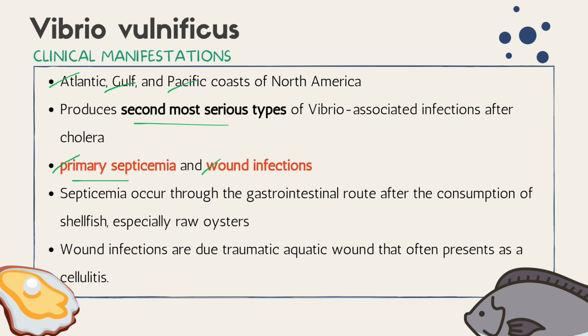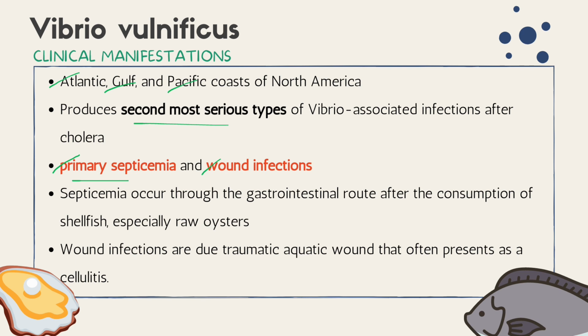For wound infection, patients infected with Vibrio vulnificus have wound infections that appear as cellulitis. Most of the time, the reason they get this wound infection is through a traumatic aquatic wound, which is exposure of a fresh wound to infected bodies of water, just like Vibrio parahaemolyticus.